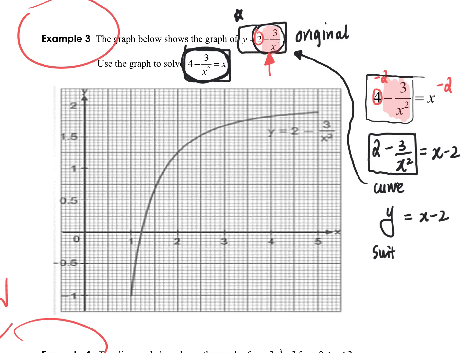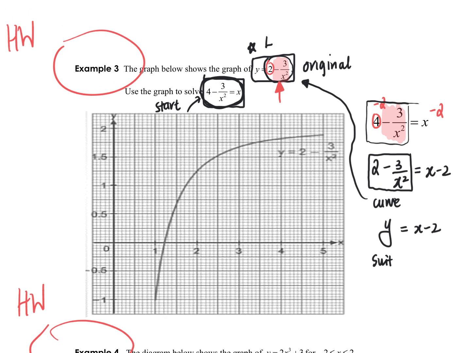So always start off with what they want you to solve, and your ultimate goal is that the left hand side of your expression must become your original curve. So the last 2 marks, if you want them, this one you must know how to do.